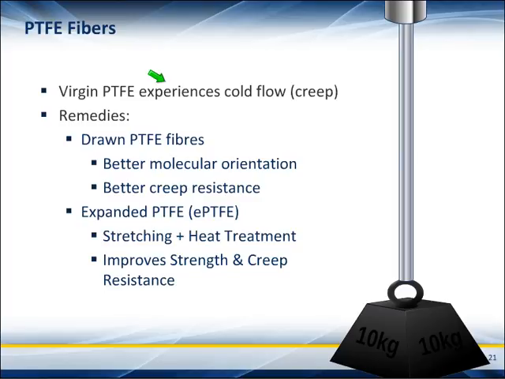There are some remedies for this. For example, there are drawn PTFE fibers where PTFE as a plastic is taken and it's already pre-stretched to improve its strength. What happens is the molecules get oriented in a certain way and it improves its creep resistance.